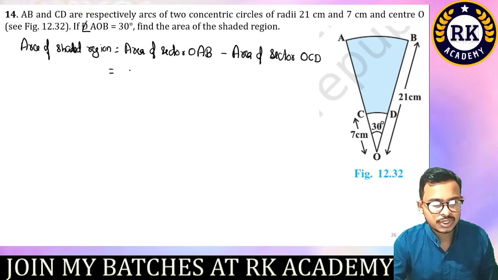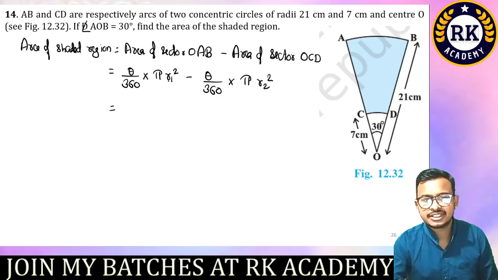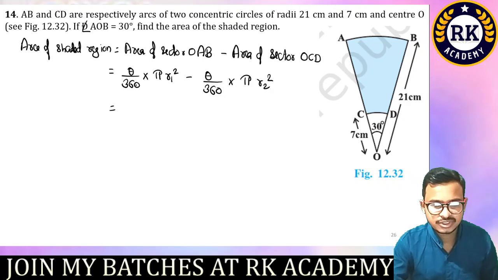So you will use your formula theta upon 360 into pi r1 square minus theta upon 360 into pi r2 square. Okay, r1 and r2. r1 is the radius 21 centimeter and r2 is 7 centimeter. So what is theta in both the cases?